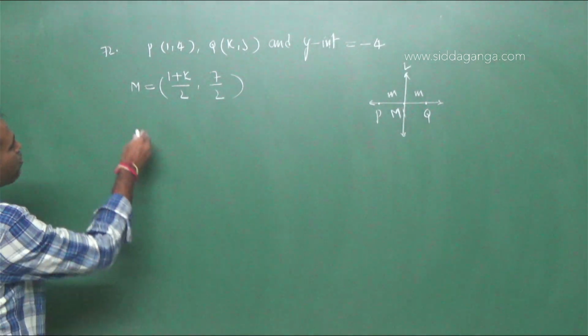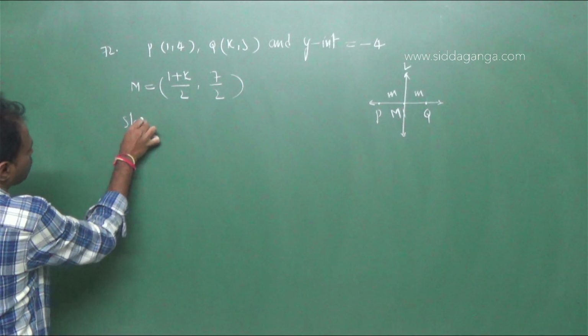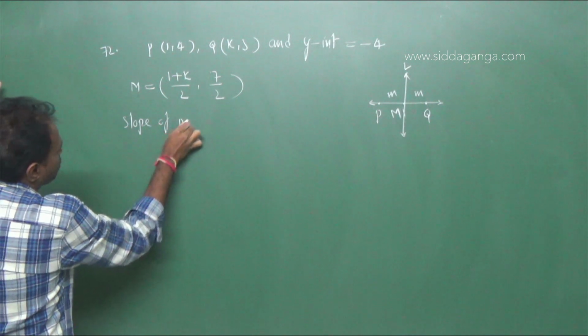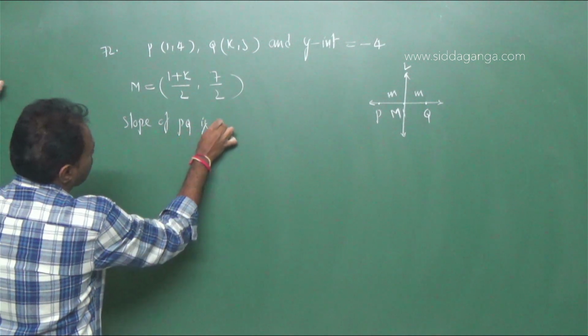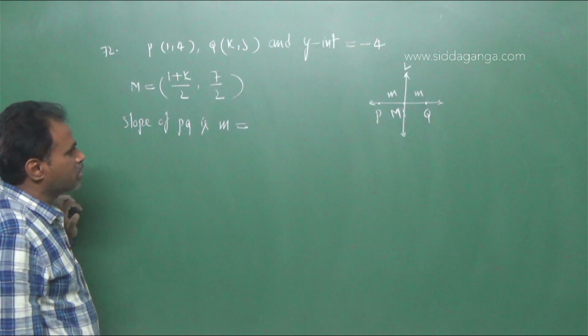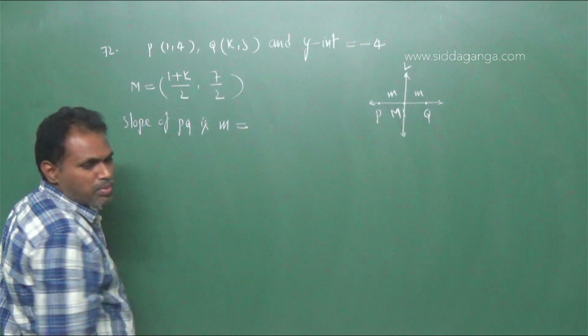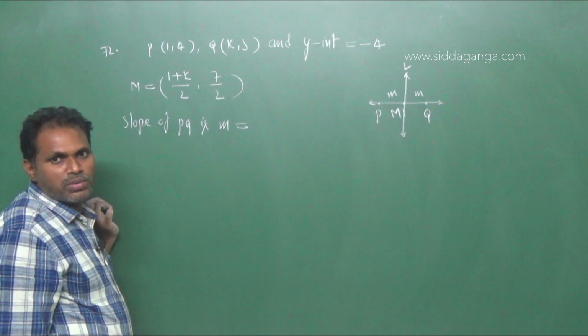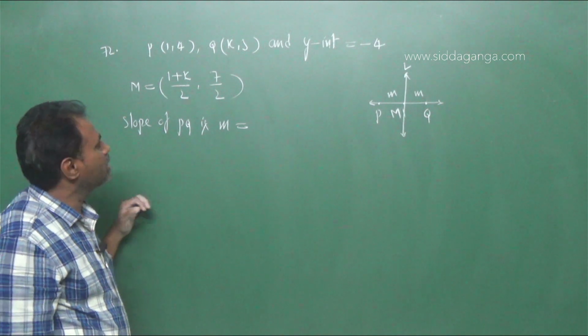Now, the slope of PQ, I am taking it as small m. The formula for the slope of the line joining two points is (y2 minus y1) by (x2 minus x1).